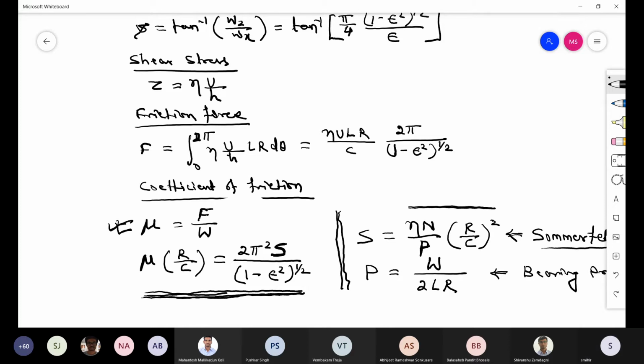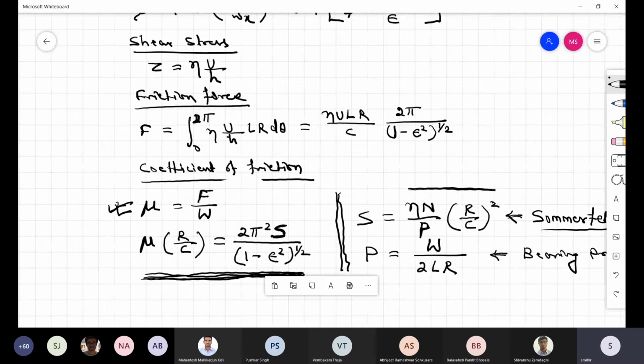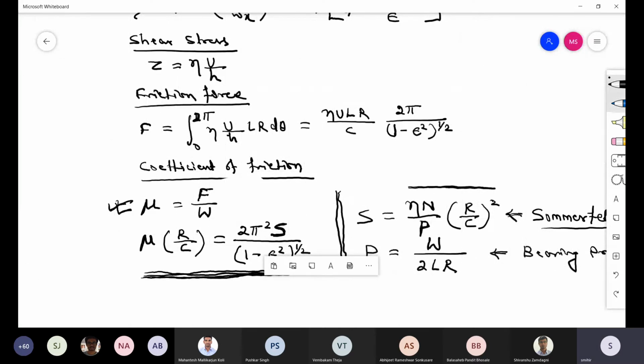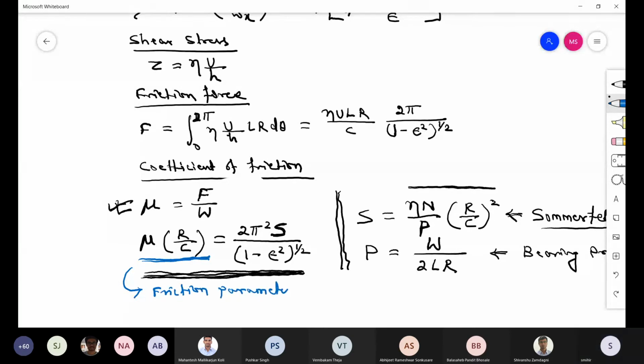Like on the x-axis we are using actually Sommerfeld number. On the y-axis we are using friction parameter. As we are not calculating mu, we are calculating this directly, this is called not coefficient of friction, this is called friction parameter.